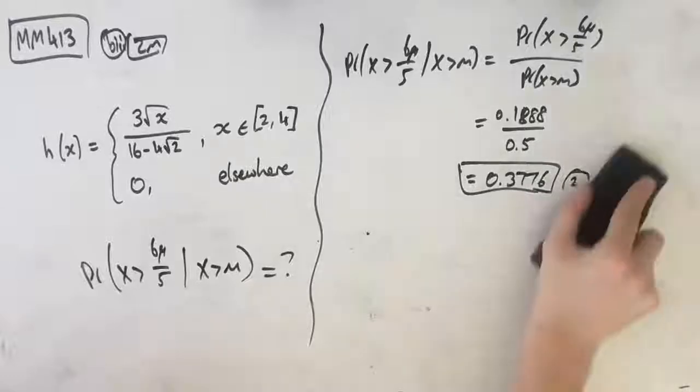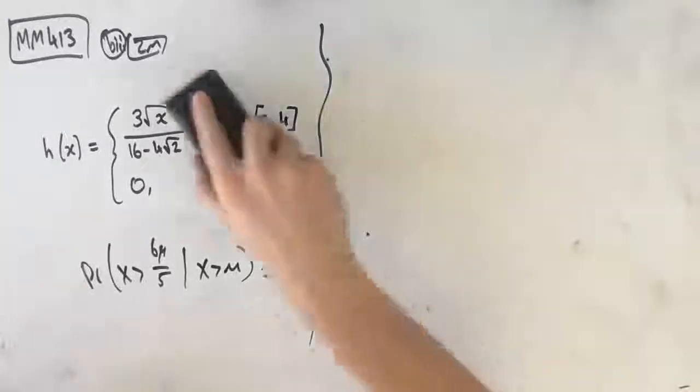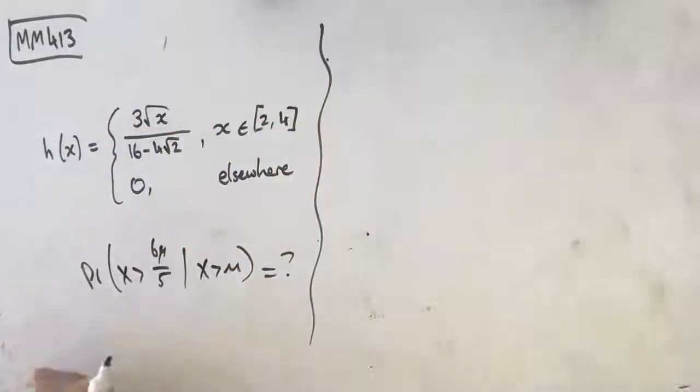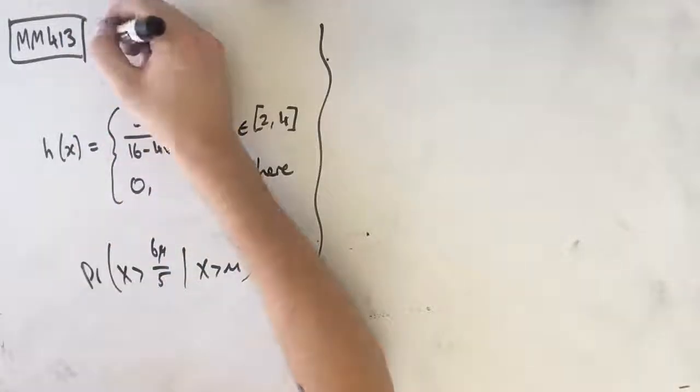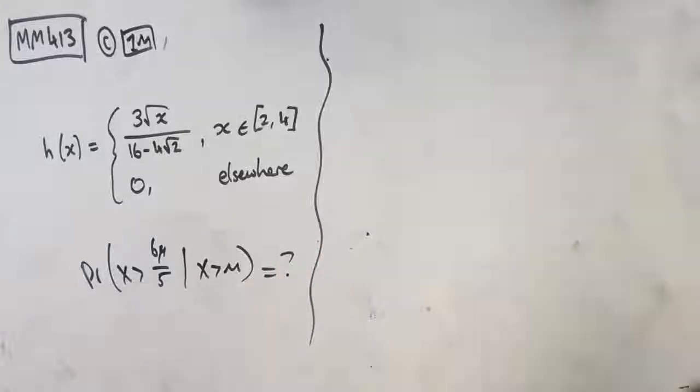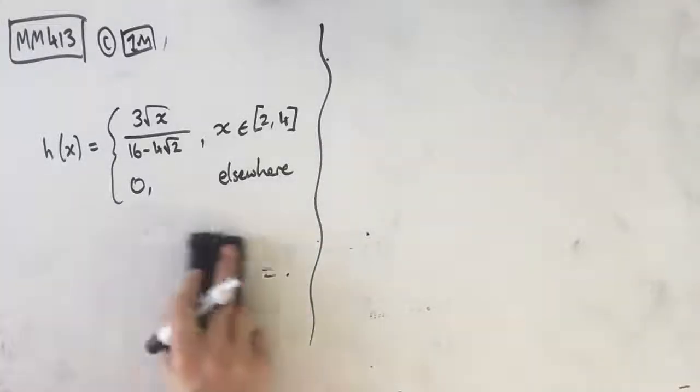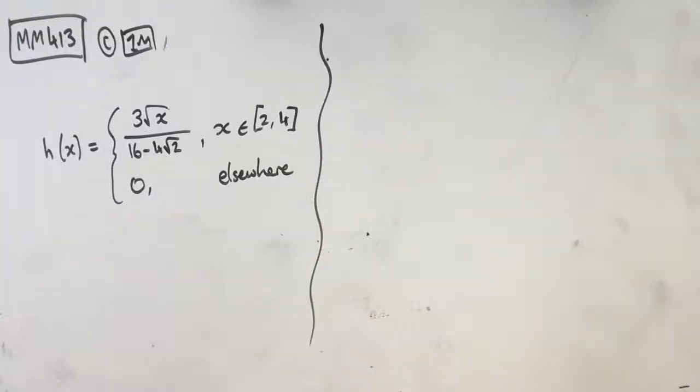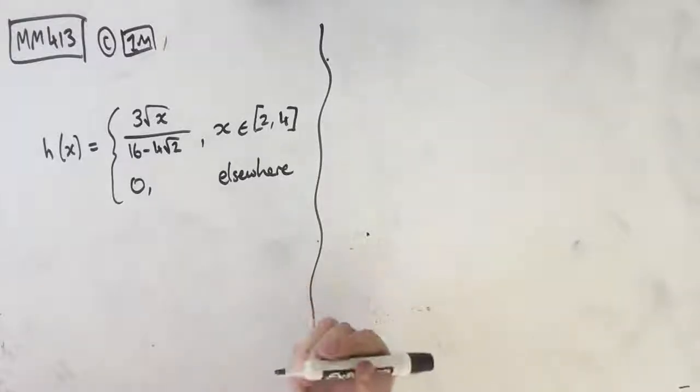Part C is a 1-mark question, which means that we can do it all in our CAS without showing any working, if we don't want to. It says, find the probability that a randomly chosen beehive contains more than 2.5 kilograms of honeycomb. Awesome.